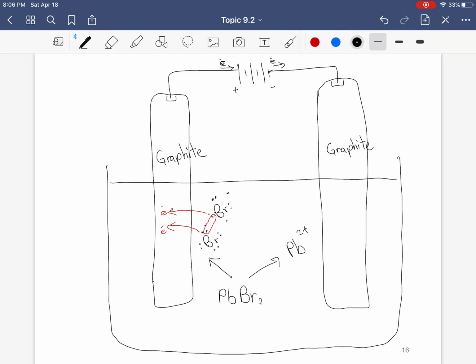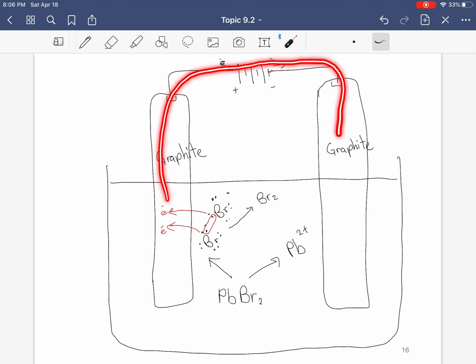There we go. Now this becomes Br2. The electrons over here are going to be used by the battery and get pumped to the other side of the graphite.